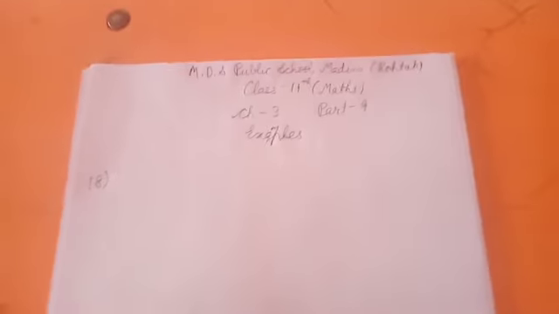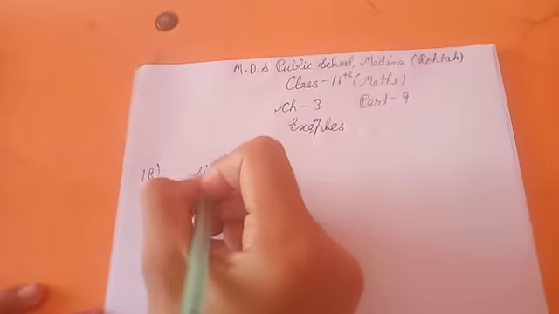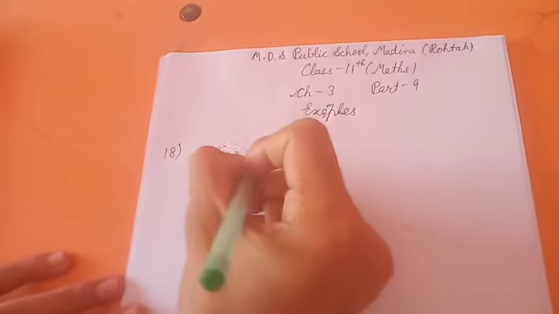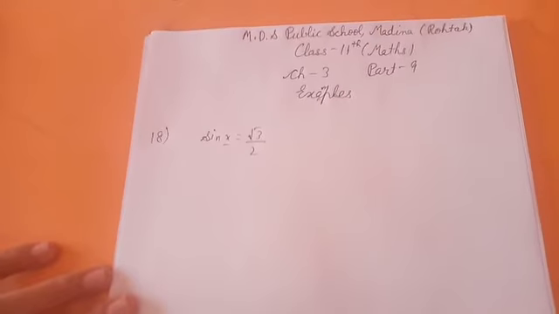This says find the principal solutions of the equation sin x equal to root 3 by 2. Okay, sin x is equal to root 3 by 2 means in this we have to find the value of x.